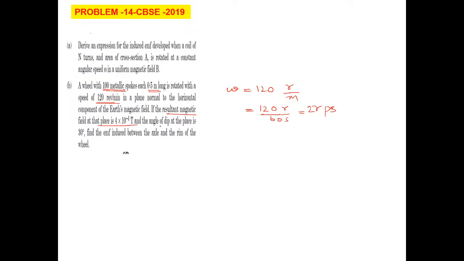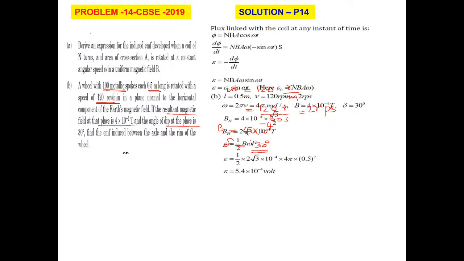The resultant magnetic field at the place is B equals 4 into 10 power minus 4. The angle of dip is 30 degrees. So we have to go for the vertical component of B. Let's see how we are solving it.